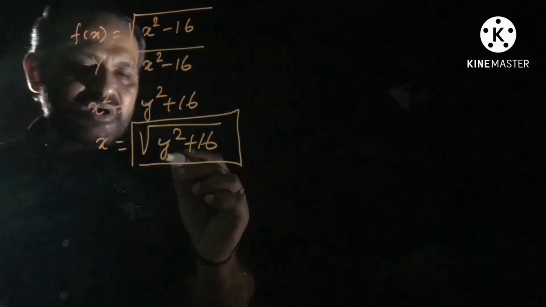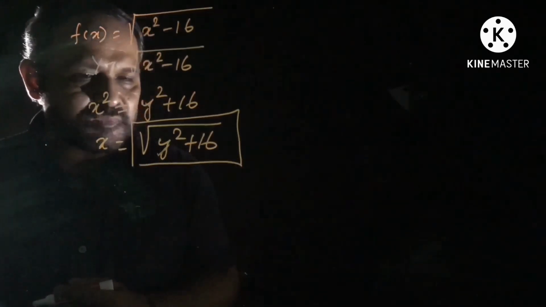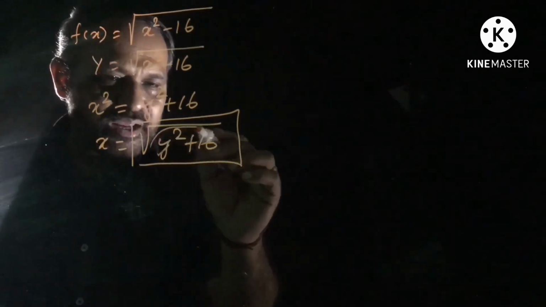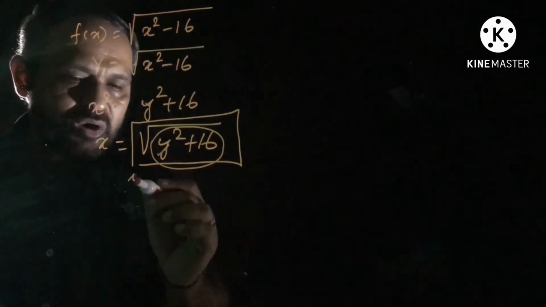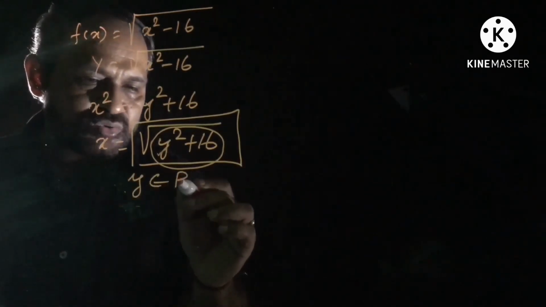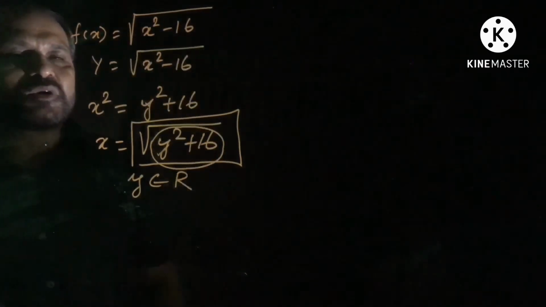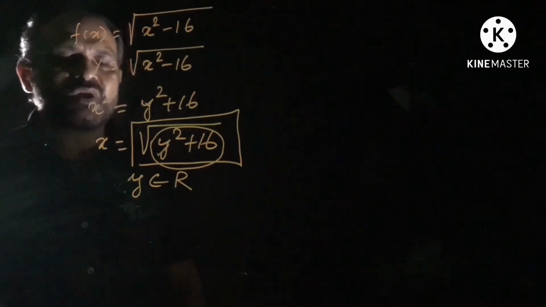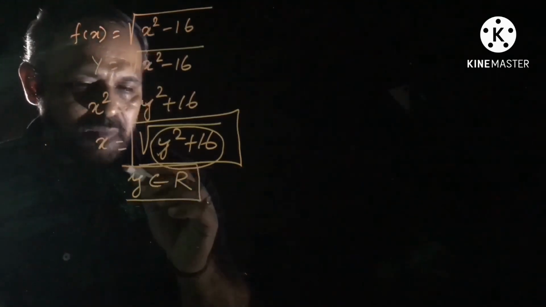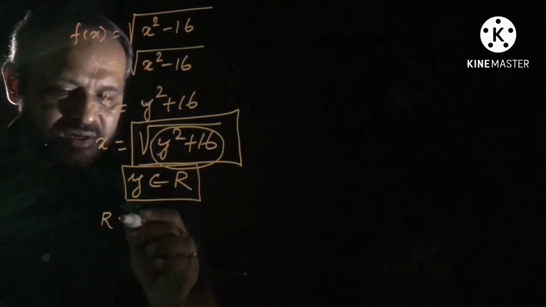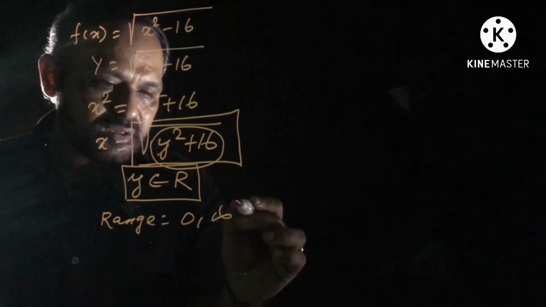We know that y square is always positive, so y square plus 16 is always positive. Therefore we can find the square root of y square plus 16 where y belongs to R. Here also f of x is the positive square root of x square minus 16. If we take the positive value of y, then what is the range? Range is 0 to infinity.